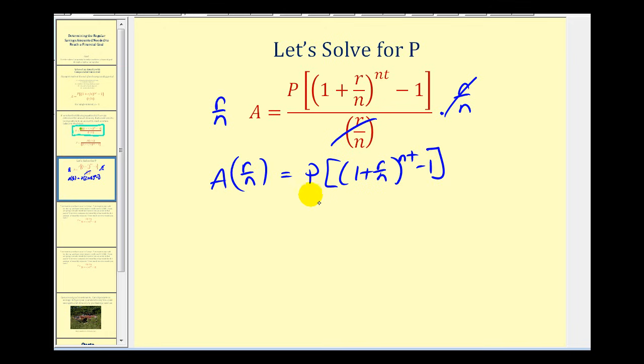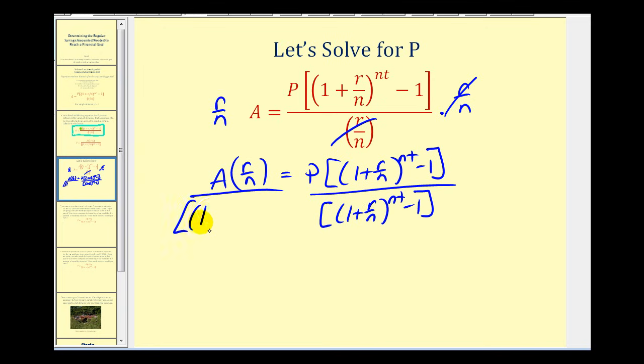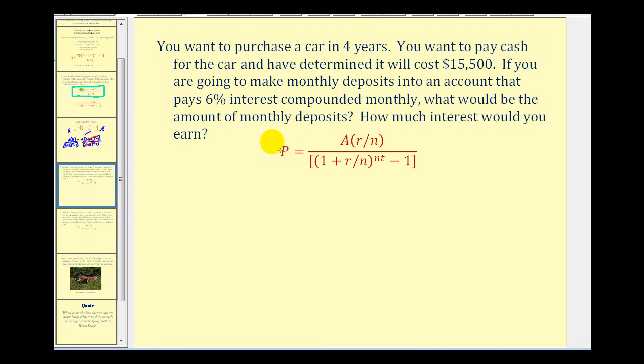And now to solve for P, we can just divide by this quantity here. And the right side simplifies nicely, so now we have P equals this fraction here, which is the formula that we can use to determine our regular savings amount to reach our financial goal of A.